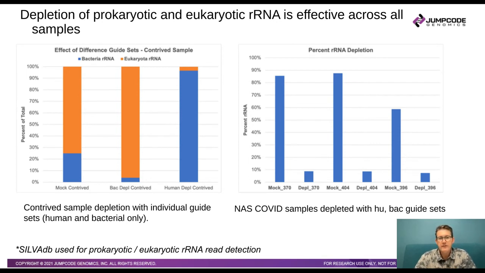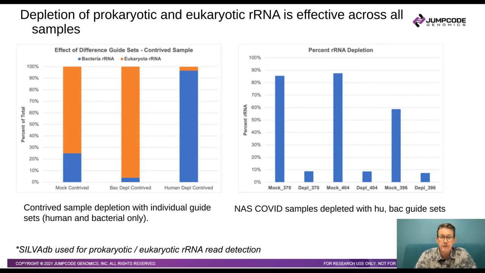And then when we mix them together, we would expect the same results, and that's shown here on the right, where we're simply looking at the percent of ribosomal RNA depletion from either human or bacterial. When we use the guide sets together on the same samples, you can see that in the mock, and in sample 370 and 404, we have approximately 85% ribosomal RNA total prior to depletion, and in 396, we have around 60%.